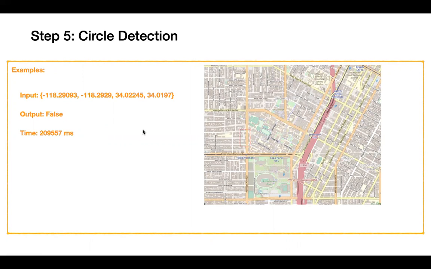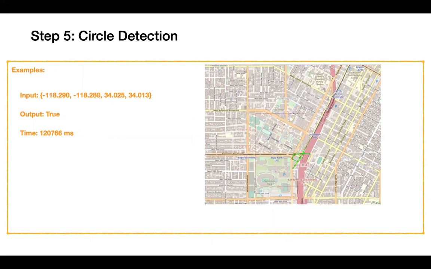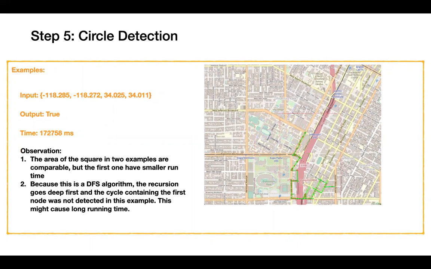The runtime is 200,000 microseconds. Then we did a larger circle, and a similar circle switched to another place. Here, the observation is that the squares in the 2 examples are comparable, but the first one has a smaller runtime.